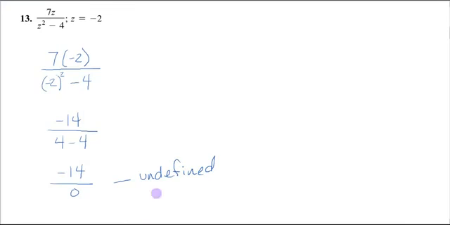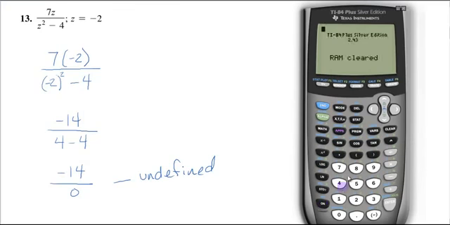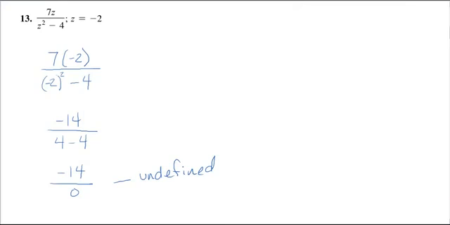You'll see that as well when you put that into your calculator. If you were to put in negative 14 divided by 0, you get an error, and the error is that you divided by 0. All right. So apparently there are some times when we cannot use certain values for the variable in an expression.